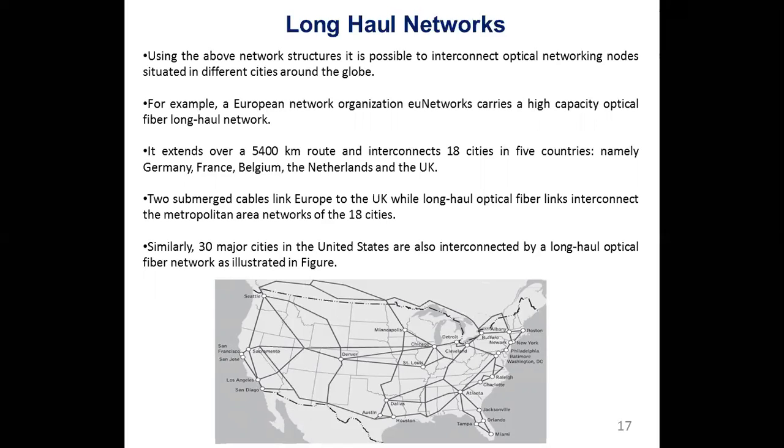And then you have submerged cable links in Europe to the UK. This is also a long haul network which will connect about 20 cities or so. And the major cities in the US, the diagram for which is shown, are also connected using the optical network. In India, basically, we have the IndiaNet, which is connecting about 14 major cities, and BSNL and MTNL are trying to connect them using optical fibers under the BharatNet project, which is currently becoming very popular in India.